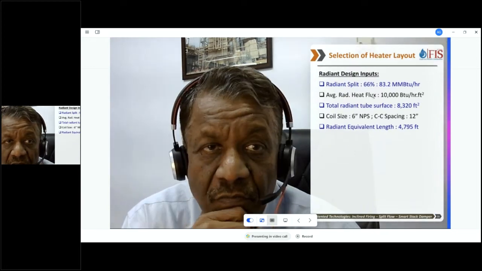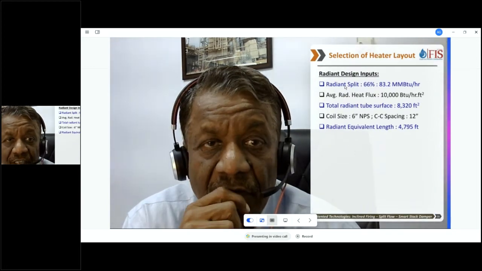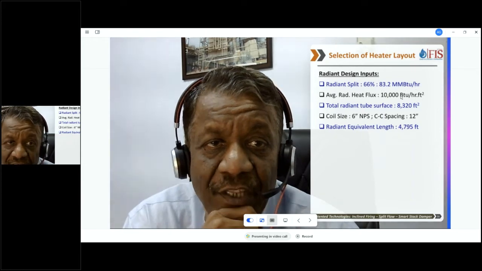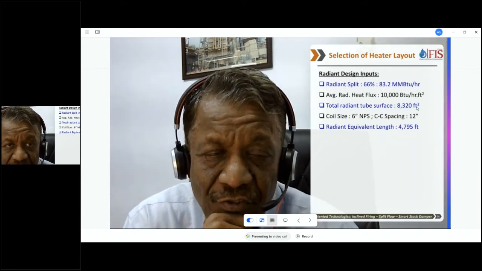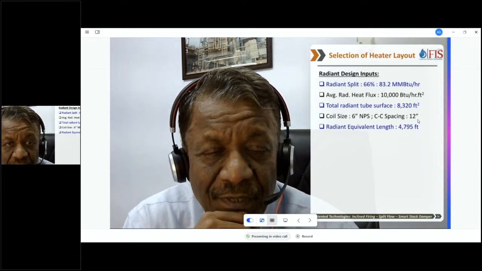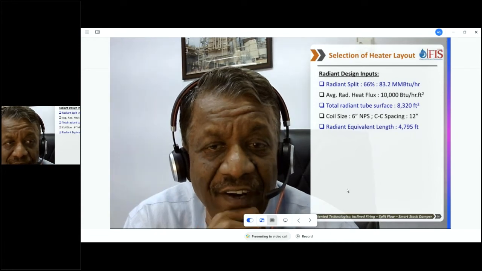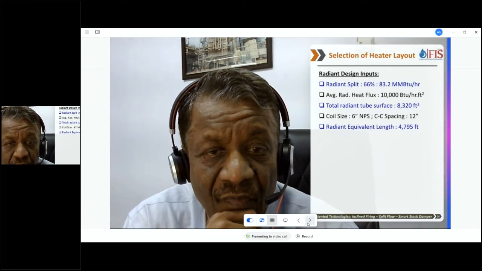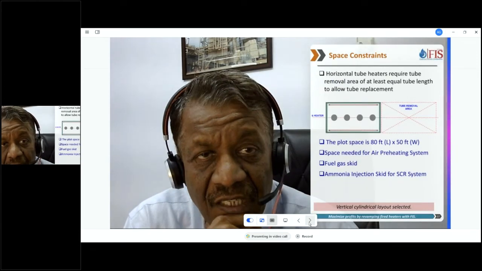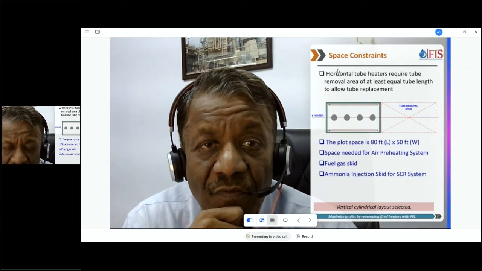So our thinking was, okay, we have 83 million BTUs, 10,000 flux, 8,300 square foot area, 6-inch tubes, 12-inch spacing, 2D, 4,800 foot of pipe is what we have to provide. So with this configuration, we looked at the horizontal tube.